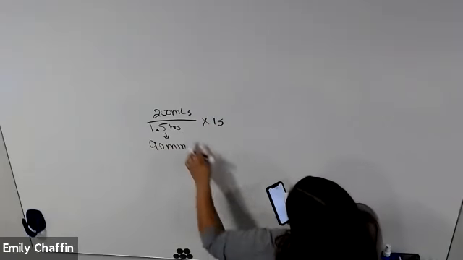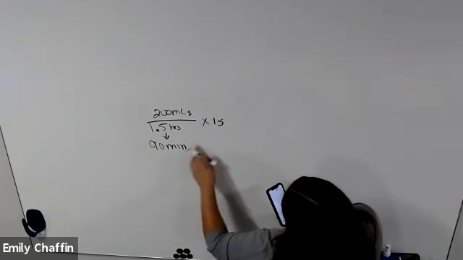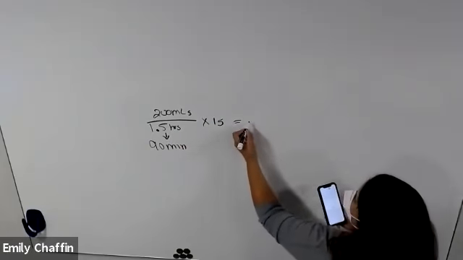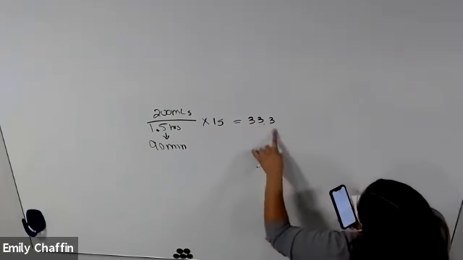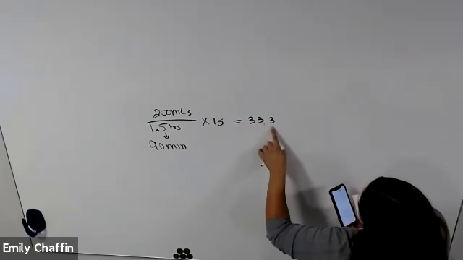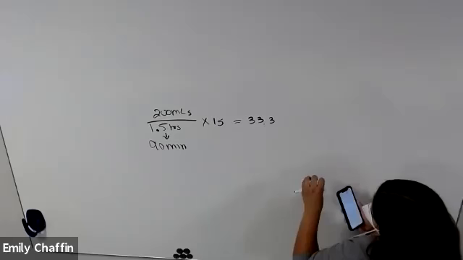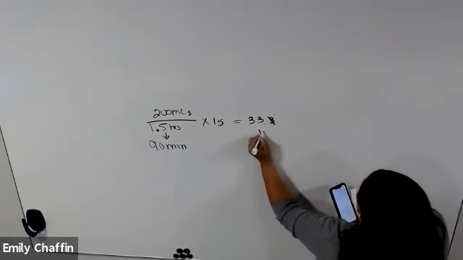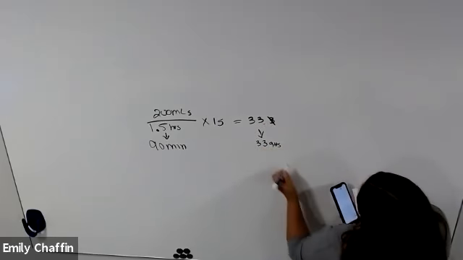So now what you have is 200 mLs of fluid to be given within 90 minutes times 15, which is the drop factor, which you would then get 33.3. But in this situation, you can only give whole numbers of drops. So you would only be giving 33 GTTs a minute.